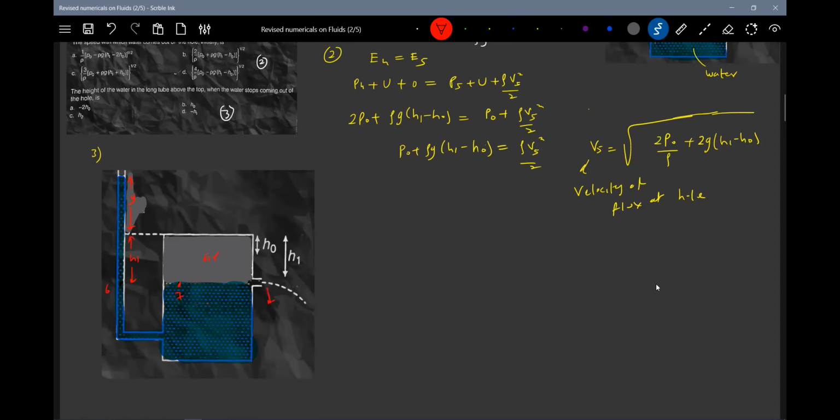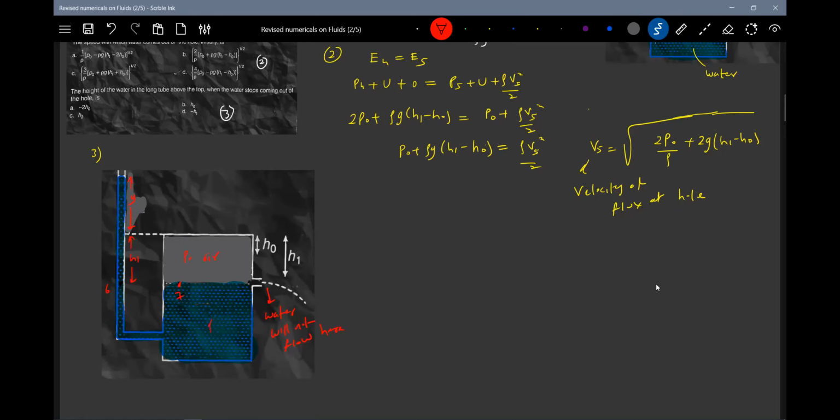No water. Water will not flow here. What should be the pressure here? Pressure of air will be P naught. This is the main idea. Sir, how come? What is the outside air? Pressure P naught.